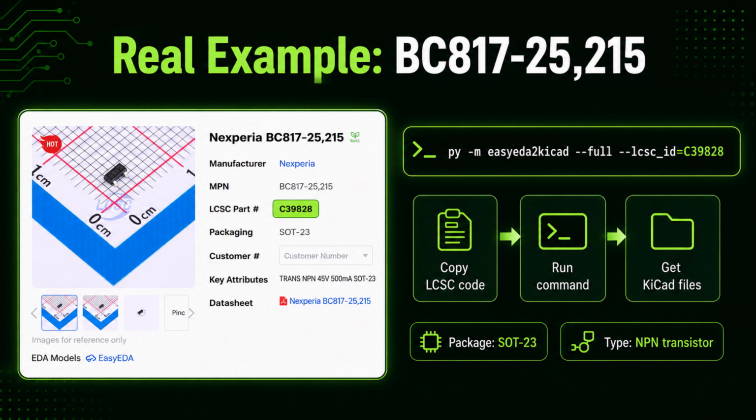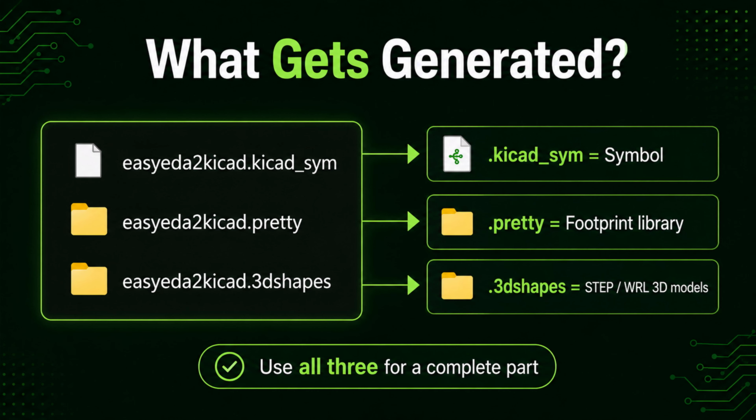The converter processes the available symbol, footprint, and 3D model data and creates the KiCad library structure automatically. This same workflow applies to other supported components. Copy the correct C number, replace the example identifier in the command, and run it again. Always compare the generated pin numbering and package orientation with the official manufacturer datasheet before using the part in a PCB design.